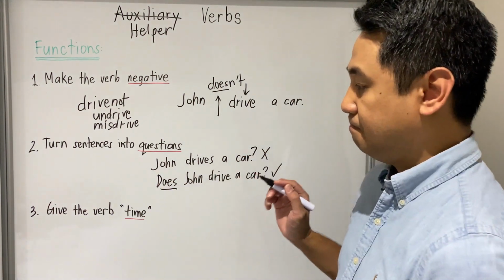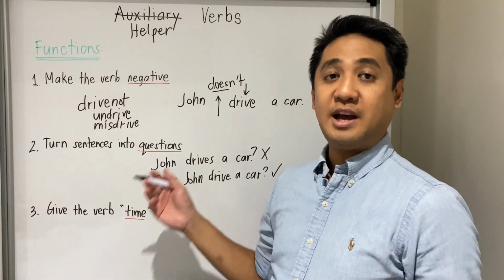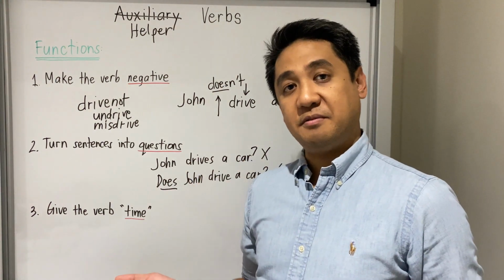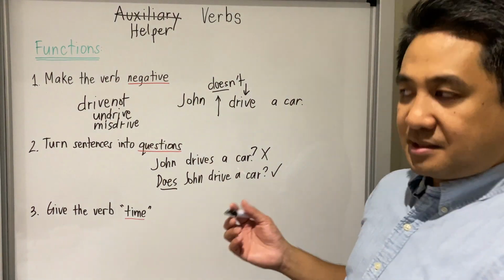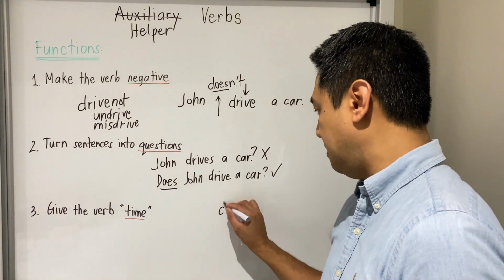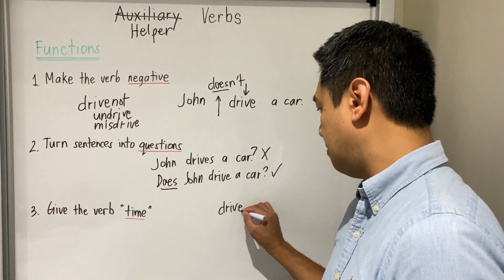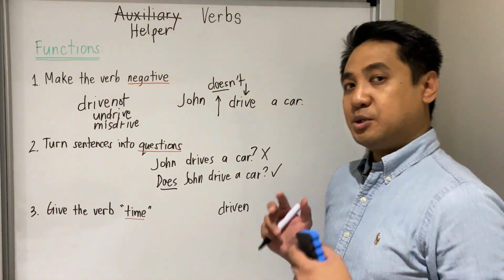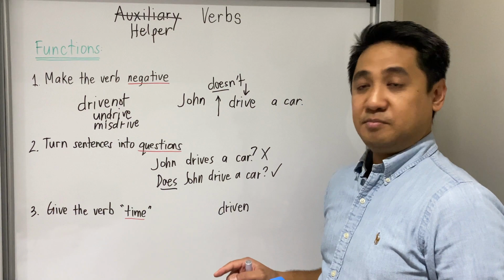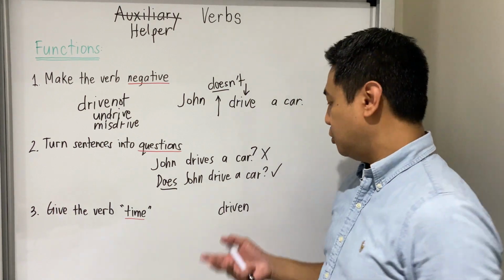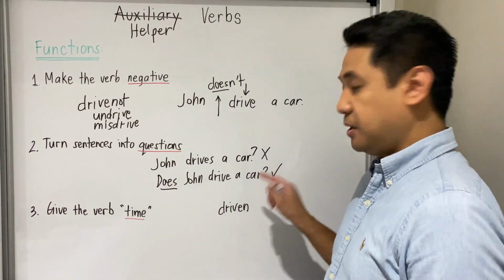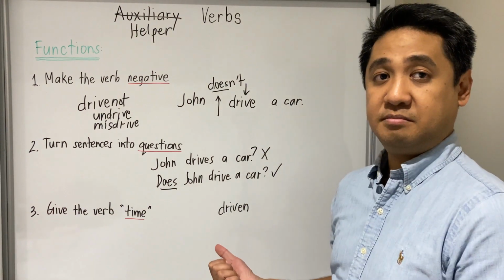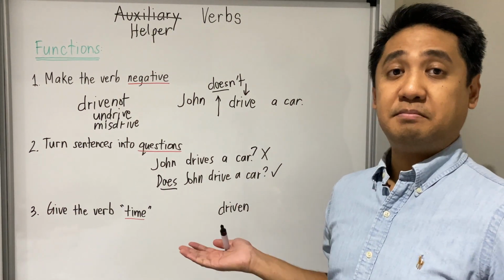Next, they give the verb time. Now, this is true for participle forms of verbs. Let's take an example, driven. If you look at this word, you don't actually know what time it is. It could be past, could be present, could be future. You don't know because participles don't actually show you time. They just show you the action. So it needs help.